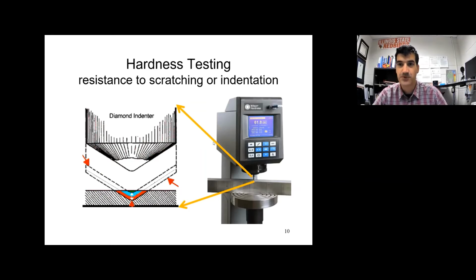It is super easy. I'm not exaggerating too much when I say you push the green start button and wait for it to spit out a number like you see up here. It says 61.8 HRC. That means it has a Rockwell C scale hardness of 61.8.